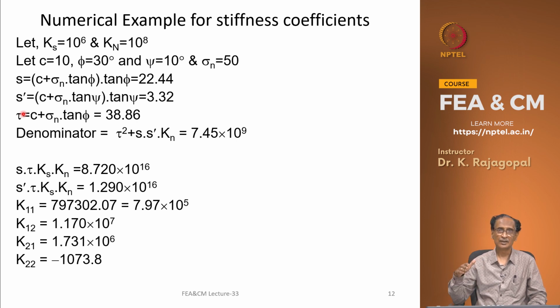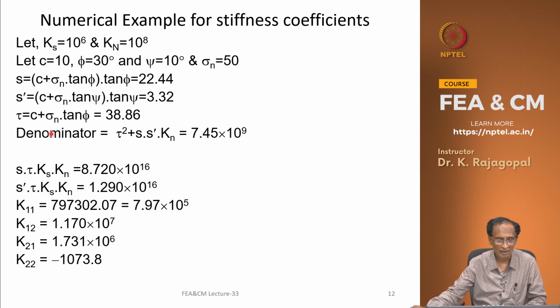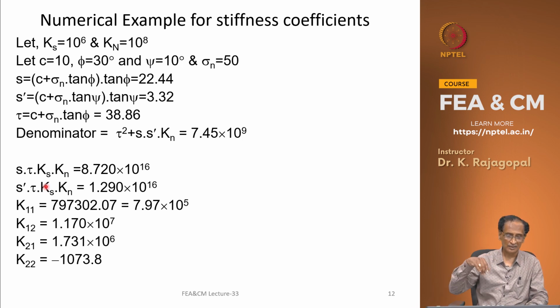Then the tau during the plastic straining is at the limit, that is C plus sigma n tan phi, that is 38.86. The denominator in our constitutive matrix terms is tau square plus S times S prime Kn, that is this, and then S tau times Ks Kn. These are the numerator terms in the off diagonal terms.